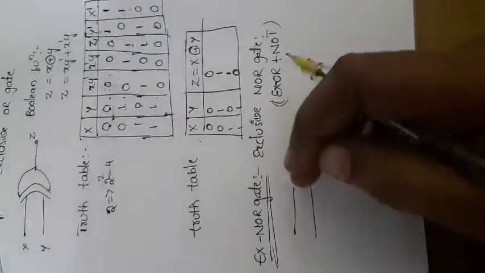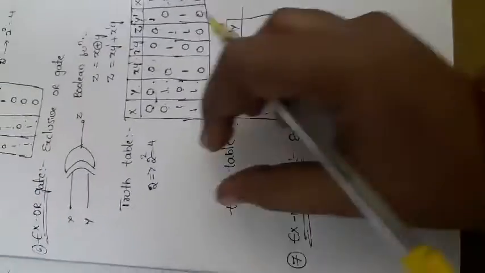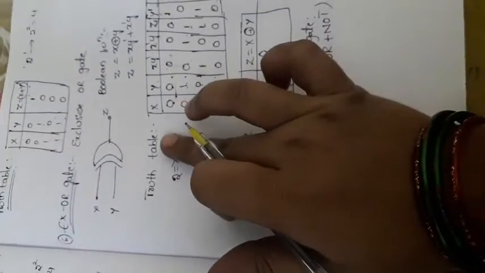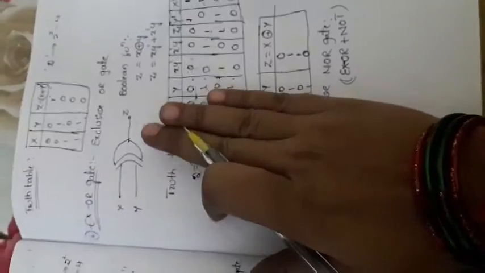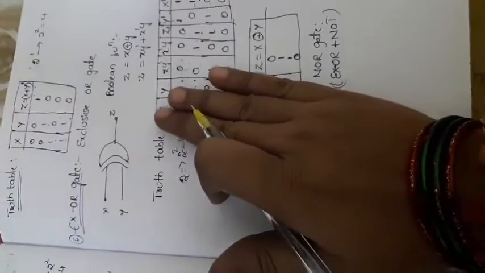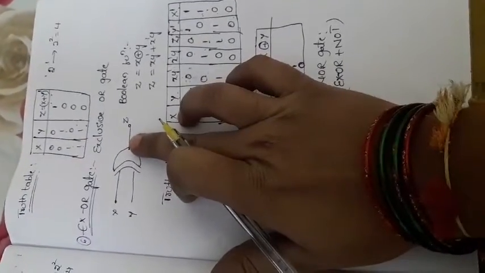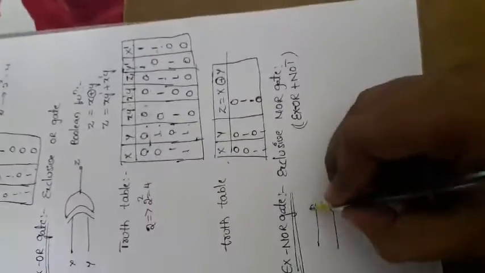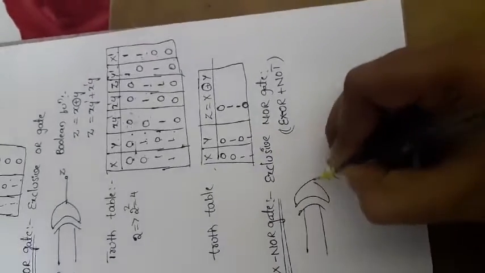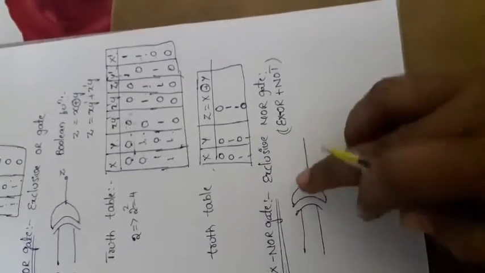What is the logic symbol for this? The complement of the exclusive OR is indicated by a small circle on the output side of the logic symbol, like this. So except for this bubble, it is almost equal to the XOR gate. The bubble is extra.